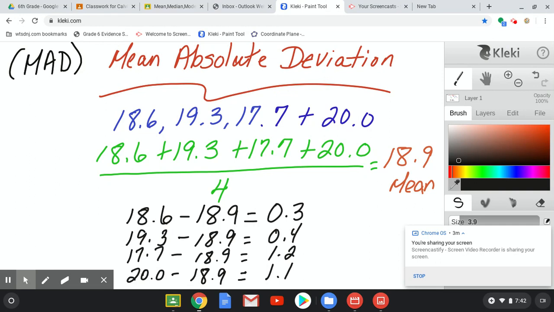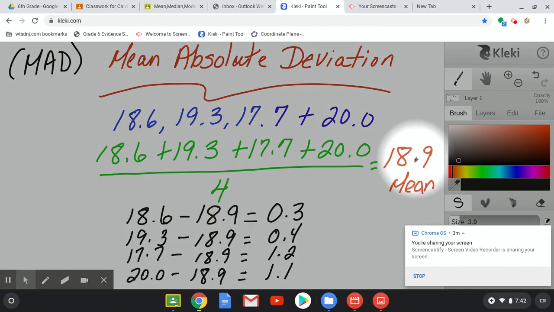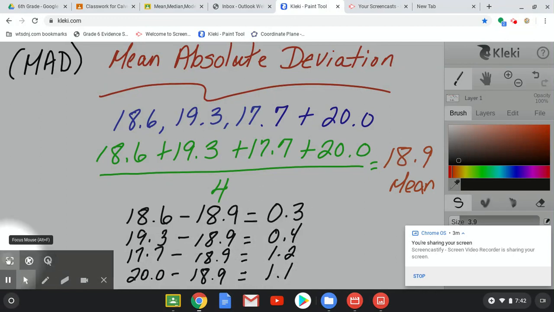Okay, so step 1 was to calculate the mean of my data set, which was 18.9. Step 2 was to take that mean and subtract every number in my data set from it, which is what I did here. So I took every number in my data set, subtracted my mean from it, and came up with these values.